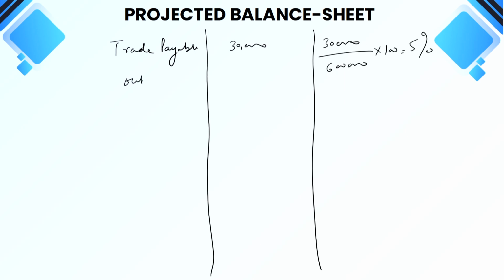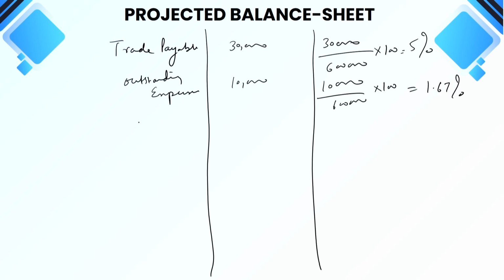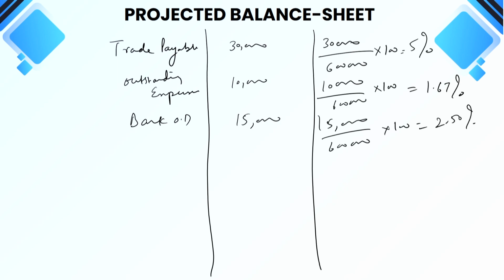Then there are outstanding expenses, which are 10,000. It comes to 1.67%. Then we have bank overdraft, 15,000 rupees. It comes to 2.50%. So we have now got all the current assets and current liabilities.